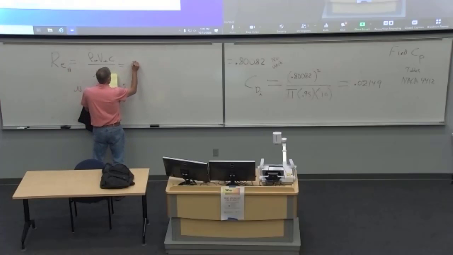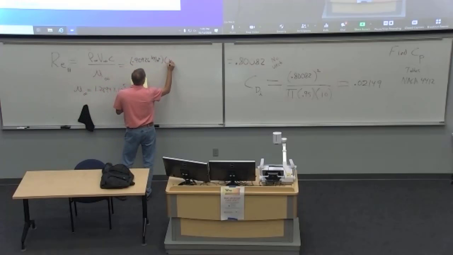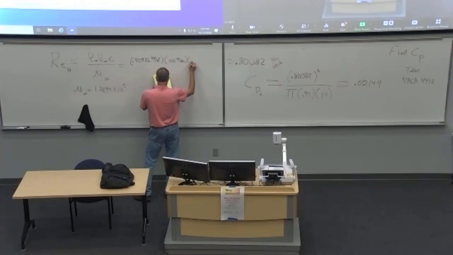So 0.90926 kilograms per meter cubed. The v infinity is 100 meters per second. And the chord was 4.54 meters.